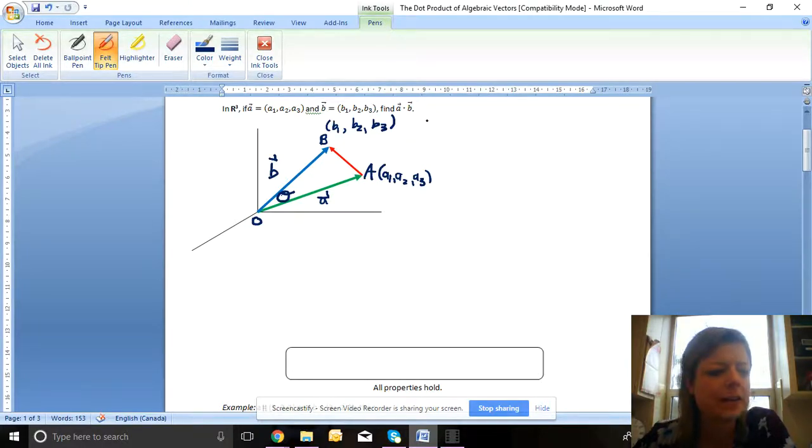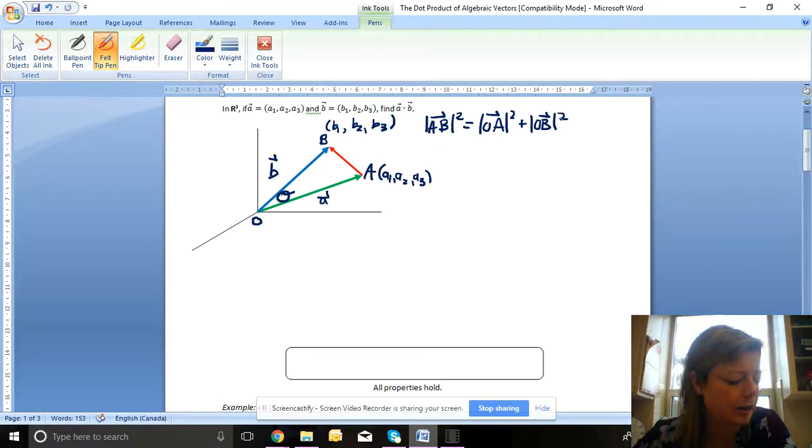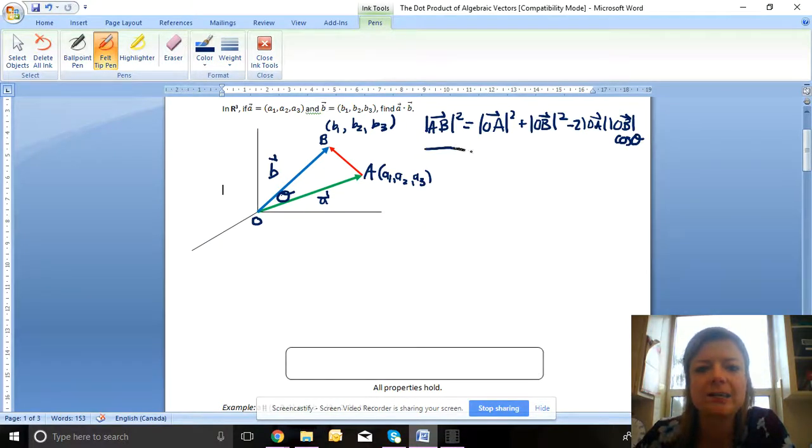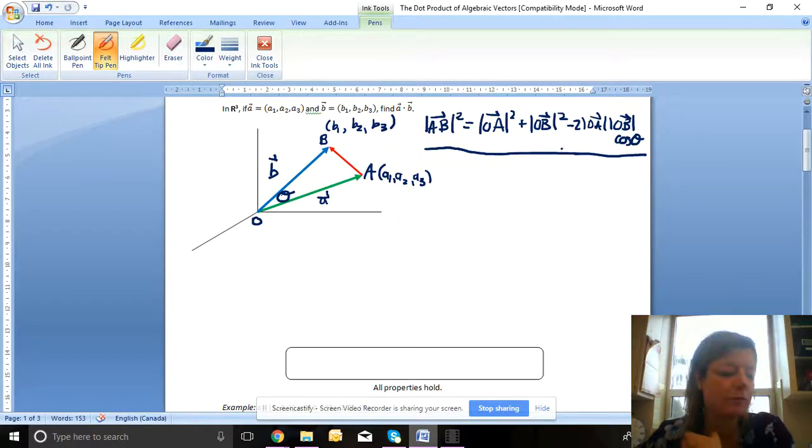Then the cosine law would be the magnitude of AB squared equals the magnitude of OA squared plus the magnitude of OB squared minus 2 OA OB cos theta. What we're going to do is rewrite each of these terms in a different way and then set this equality back up with the new representations.